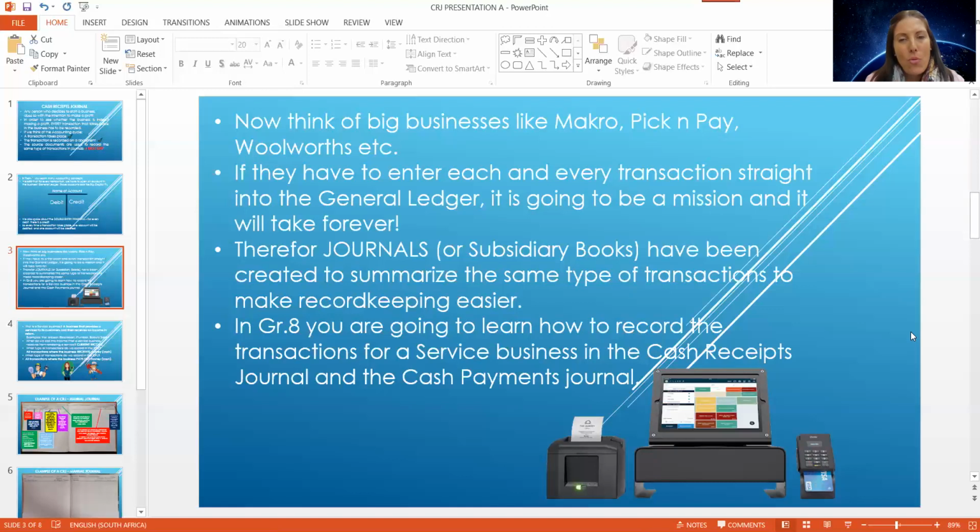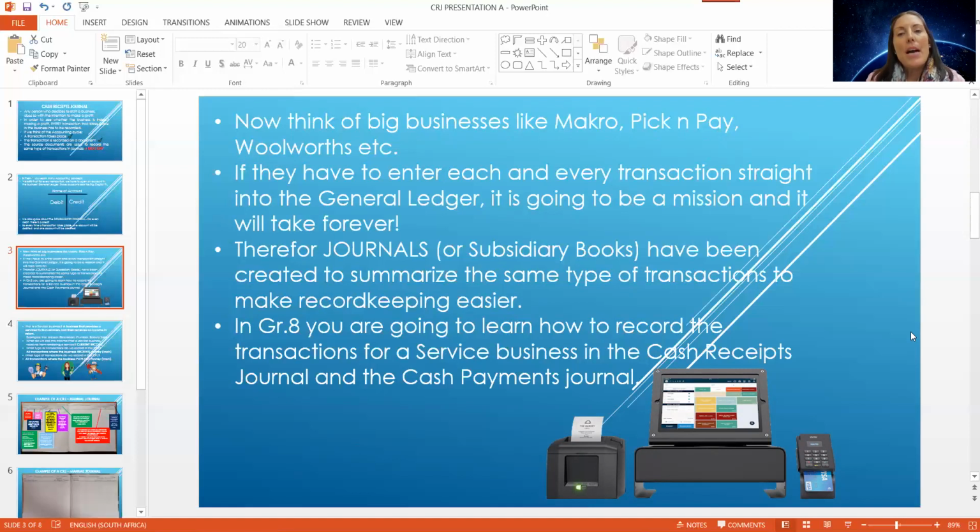So therefore, journals have been created as the step before the ledgers. So what's happening in our journals? In this grade 8 year, you're going to learn about the cash receipts journal, where we enter all transactions where the business receives money, and the cash payments journal, where we enter all the transactions where the business pays out money or buys something with money.